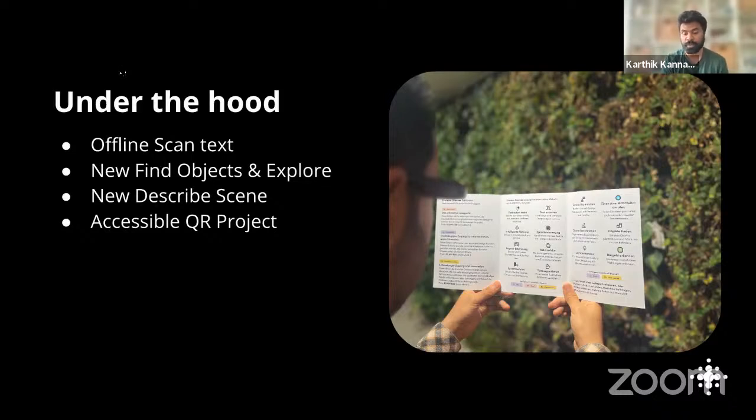I think this has been a project that's been going on for quite a few years, but we now have some recent breakthroughs because of which we can provide a much richer, more detailed, more accurate caption than what you have right now. And these features are going to be on both the Envision glasses and the Envision app. So those of you using either or both can get the new Explore mode, Find Objects, and Describe Scene as well.